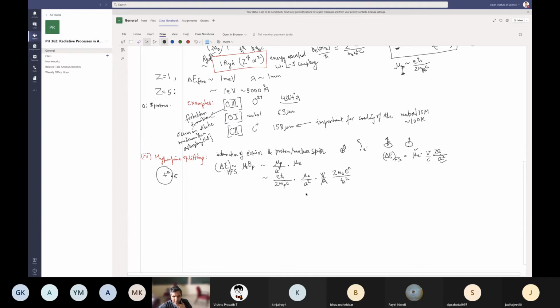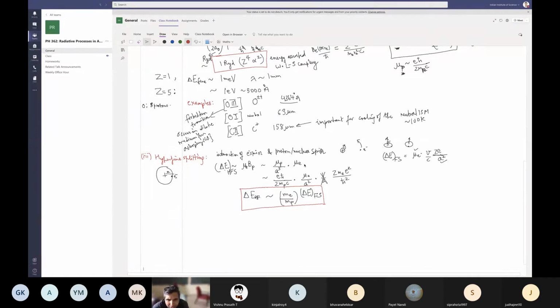Okay, so what do I have? Basically this is nothing but m_e by m_p times delta E fine structure, right? So basically delta E hyperfine is about a factor of 2000, the ratio of electron to proton mass, smaller than the fine structure splitting.